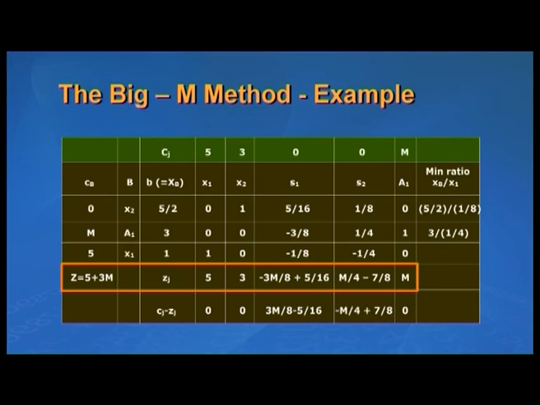The values of Zj are 5, 3, minus 3M by 8, M by 4 and M. The values of Cj minus Zj are 0, 0, 3M by 8 minus 5 by 16, minus M by 4 plus 7 by 8 and 0.